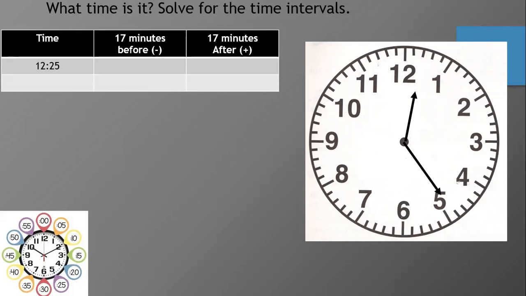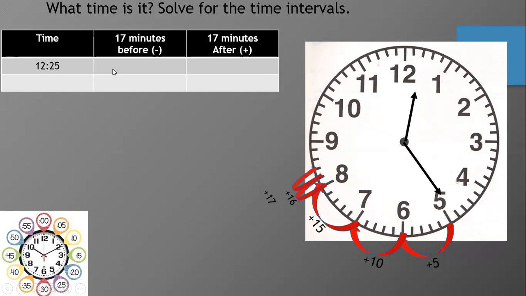So using our clock, we're going to begin counting 5, 10, 15, 16, 17. So when we count it that way, we see that our minute hand has moved from 12:25 all the way to 12:42, because that's 40, 41, 42.